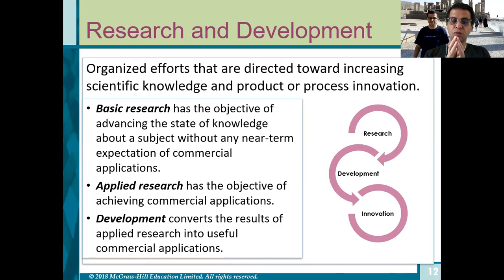First, you organize efforts directed toward increasing scientific knowledge and product or process innovation. This is what you call basic research, which has the objective of advancing the state of knowledge about the subject without any near-term expectation of commercial application.